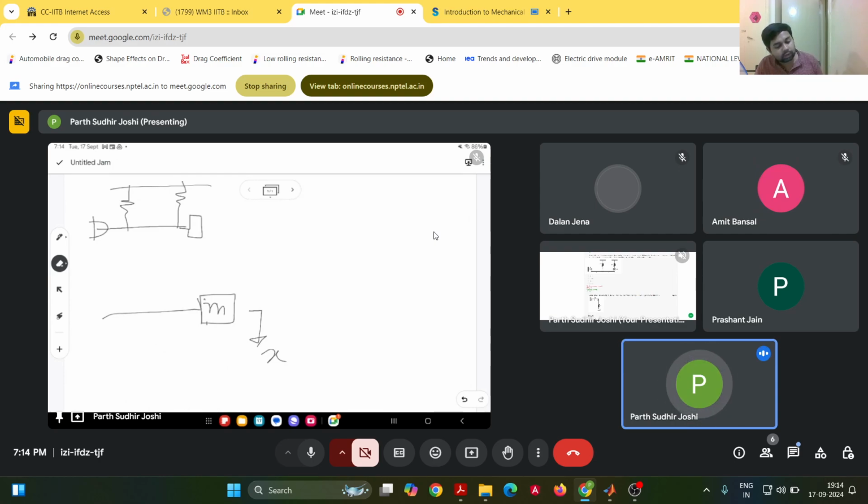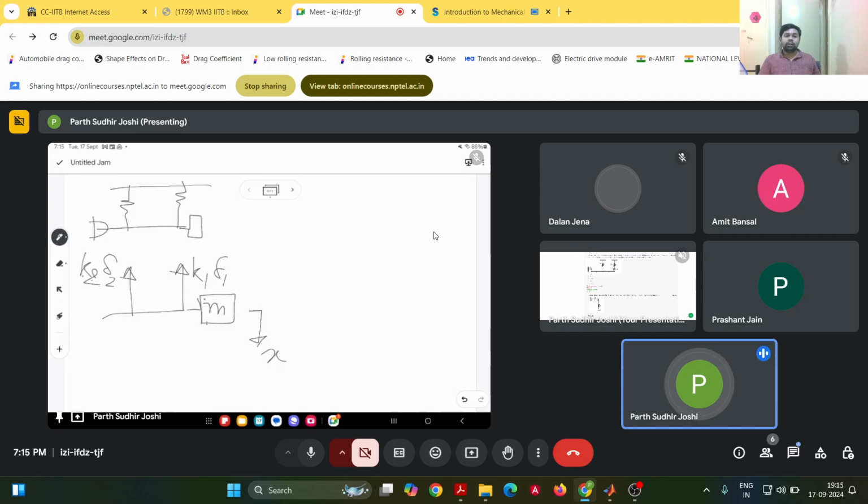Now the next thing is the spring force. Let me draw it. Let us say this is k1, and k1 delta 1 is this spring force, and k2 delta 2 is the force for the other spring.